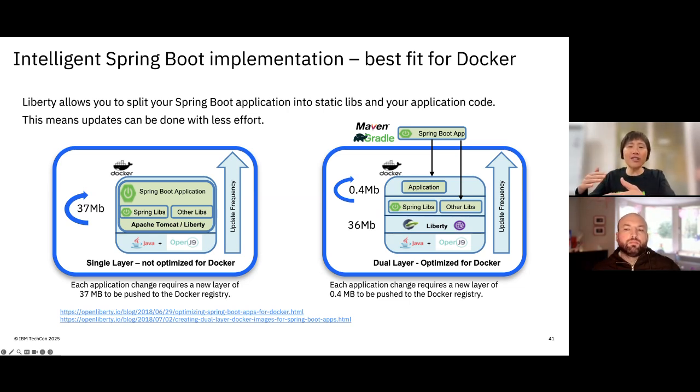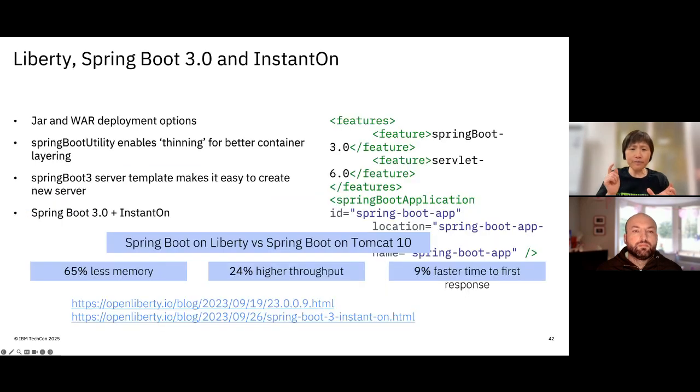Only the application changes. Also, the runtime, Liberty, does not change. We layered it up. So in CI/CD, you only need to push this top layer. So it's very fast. Next, please.